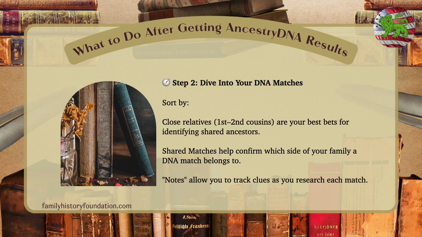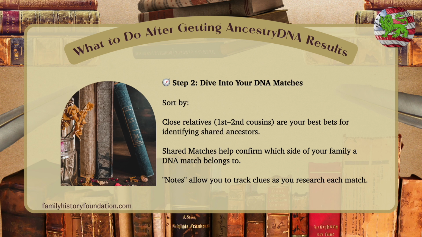Okay. So you can sort all of your matches in many different ways, but here are some of the most powerful ways: by close relatives, first or second cousins, and these are your best bets for identifying shared ancestors through centimorgan overlaps. Okay. Shared matches, which help confirm which side of your family a DNA match belongs to.